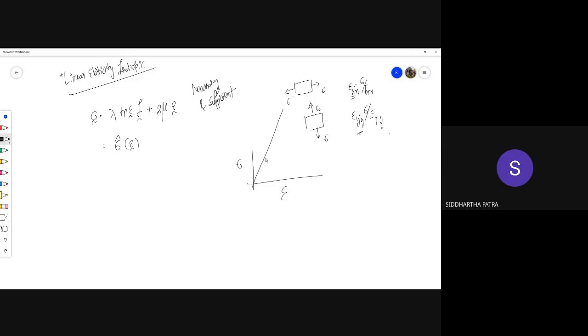If the constitutive relationship is just given by a single line, here I am taking the uniaxial example, then for a given value of strain, you will just have a single value of stress, unlike in plasticity, because you do not know whether you are loading or unloading, or from which point you are unloading. Depending on that, you can have multiple values of stress for a given strain.